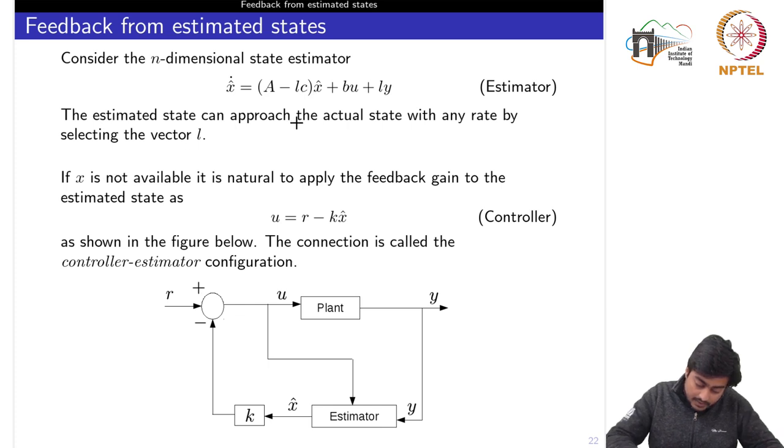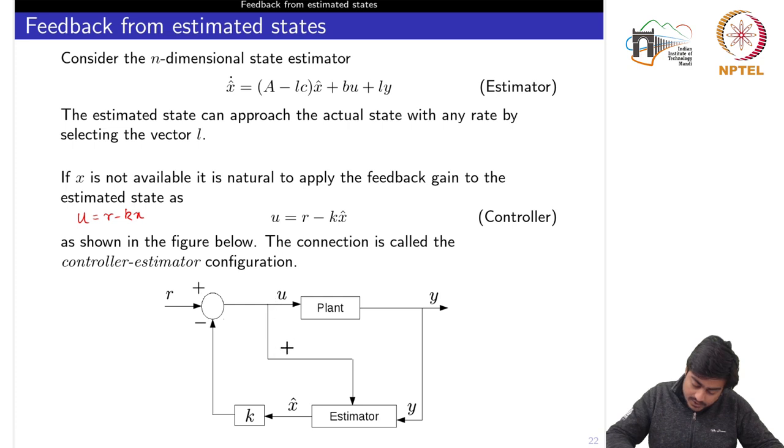Now if we design the controller, if x is not available, it is natural to apply the feedback gain to the estimated state. So earlier we had seen that the controller was u is equal to r minus Kx. Now instead of using x in the controller, we are using x hat, which is coming from the estimator. So if we see the block diagram representation, this is the plant having input output u and y.